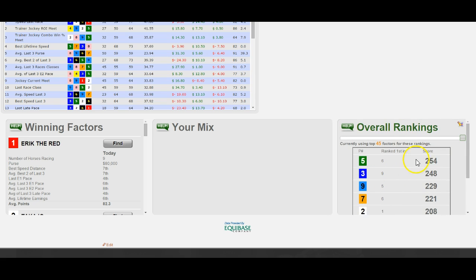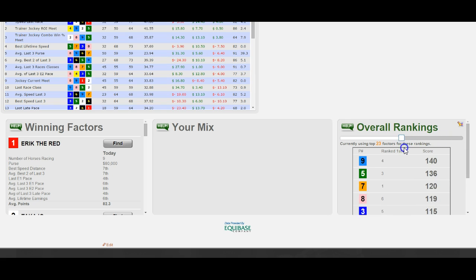Sometimes the top ranked overall horse is not going to be ranked first in as many factors as the horse underneath it, and that happens because he may be ranked second or third or fourth in a lot of the factors, but not first in as many as another horse. So you're going to have a score that reflects how closely to the top you're ranked in the number of factors you're looking at.